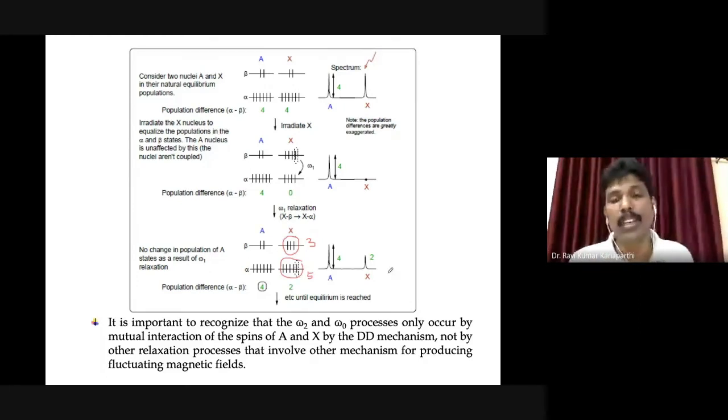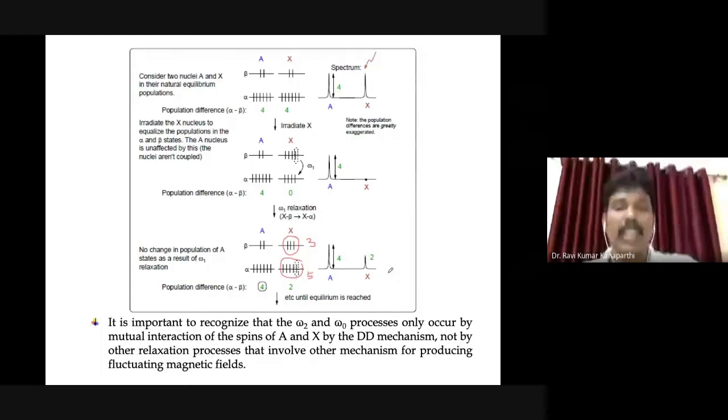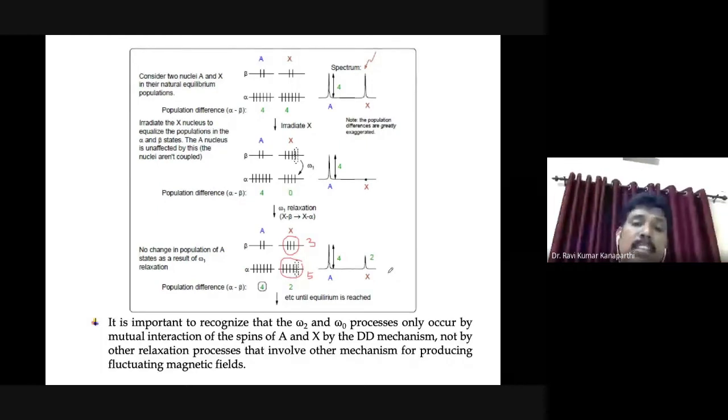Next, another beta of the X can transfer to the alpha, and the population difference will go to 4. And then it will keep on changing.